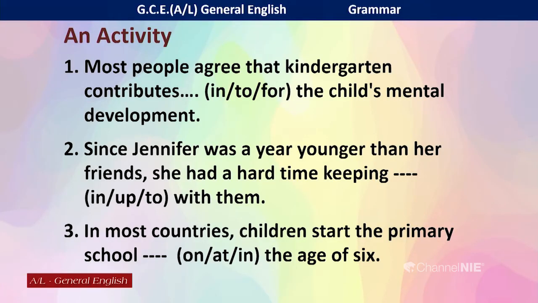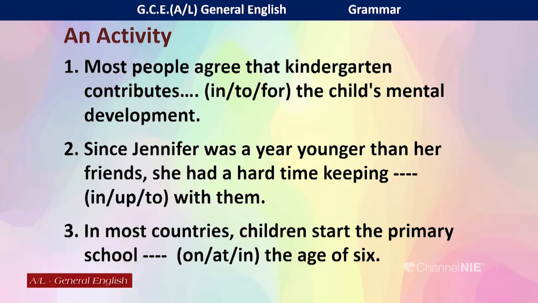Most people agree that kindergarten contributes blank. Within brackets you have in, to and for the child's mental development. Second sentence, since Jennifer was a year younger than her friends, she had a hard time keeping blank.